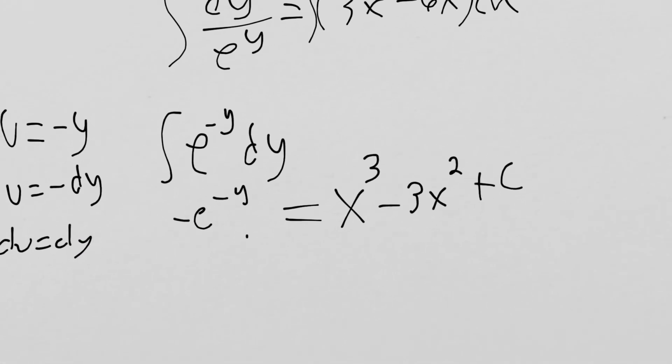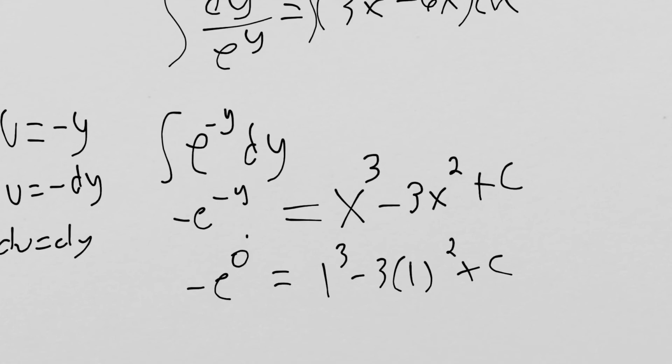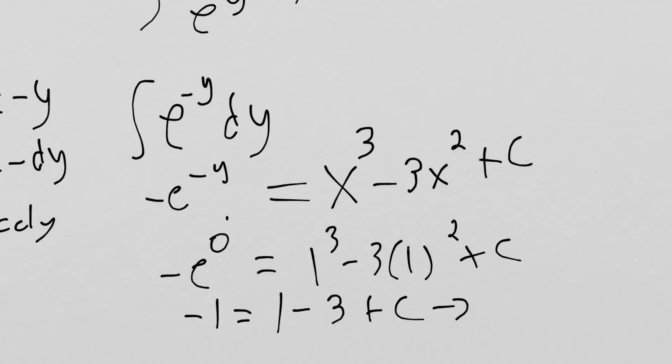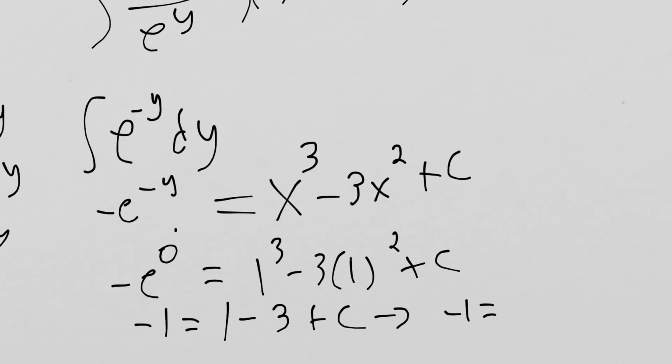So we have negative e to the 0 equals 1 cubed minus 3 times 1 squared plus c. Negative e to the 0 is negative 1, and that equals 1 minus 3 plus c. So negative 1 equals negative 2 plus c, and then c is positive 1 if we add 2 to both sides.